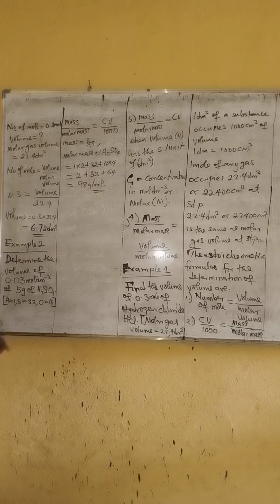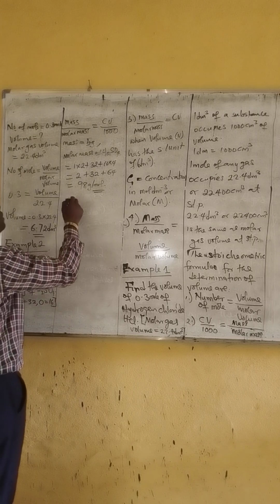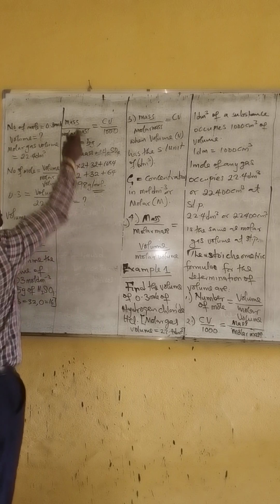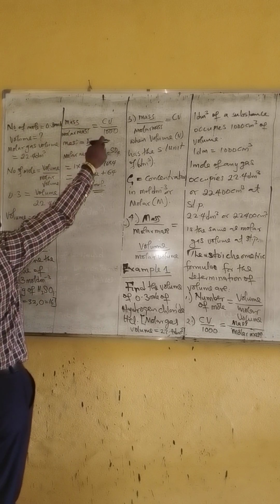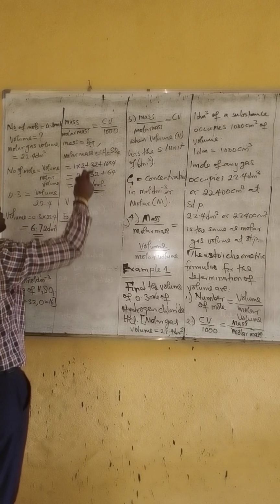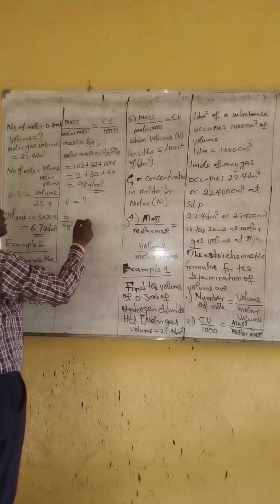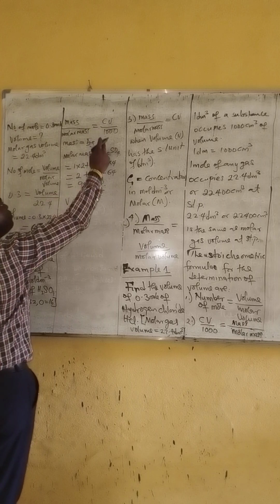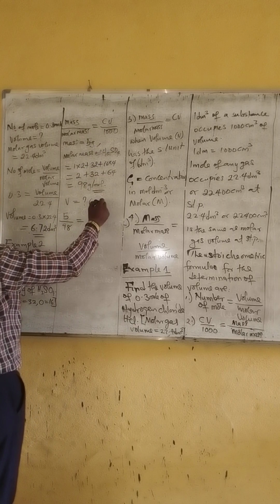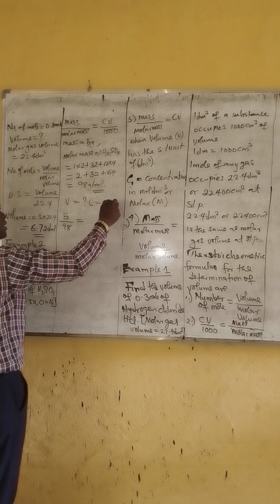So now, what else do we need to look for? Our V is unknown, that's what we are looking for. So you put in your parameters: instead of mass, put 5 gram, over, instead of molar mass, put 98, equals to, instead of C, put the number in mole per dm cube, that's 0.03.